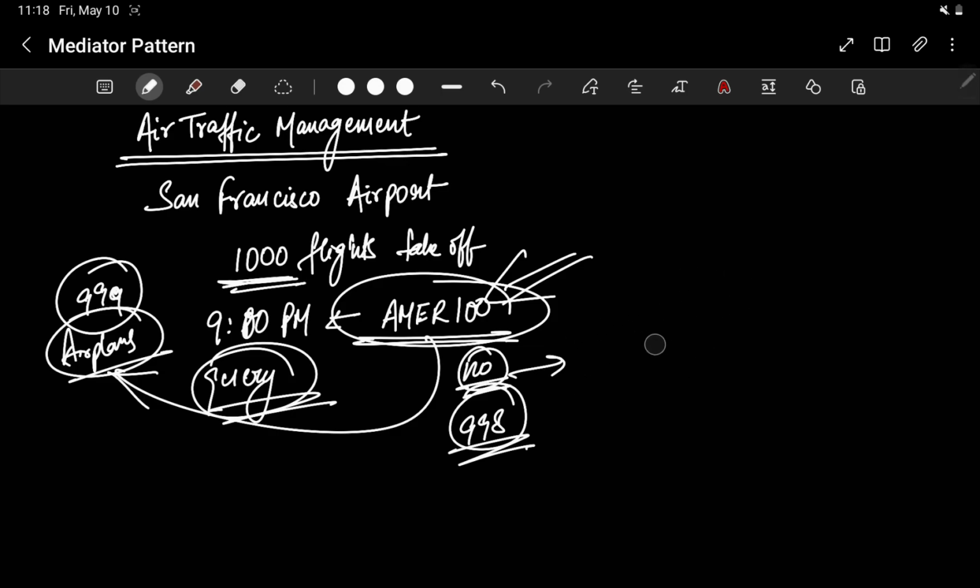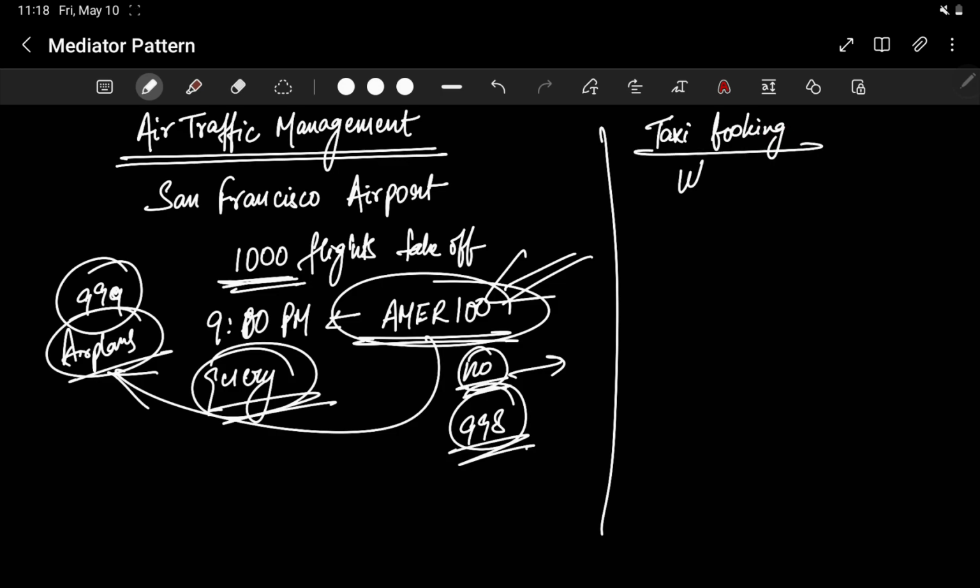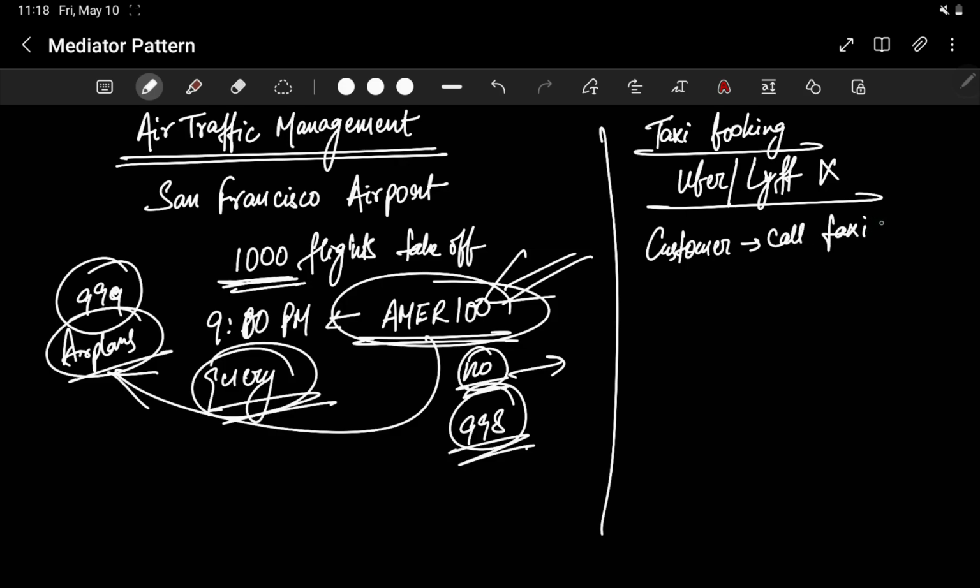Similarly, there is one more system which is a very classic example: taxi booking. Okay, earlier, let's say there was no Uber or Lyft. Then what used to happen was there was a customer who used to call taxi owner 1.